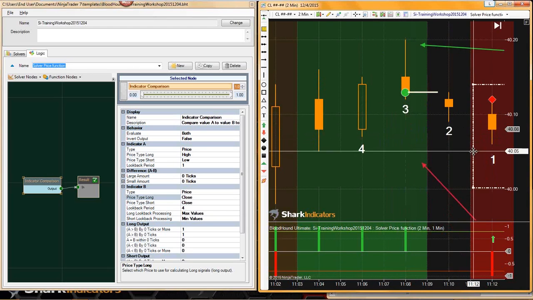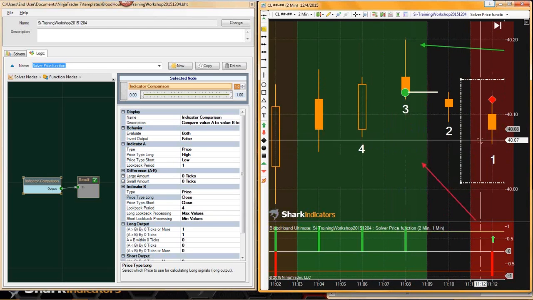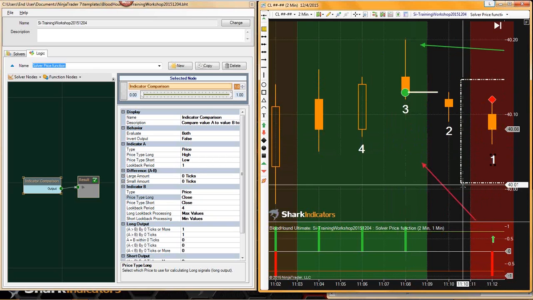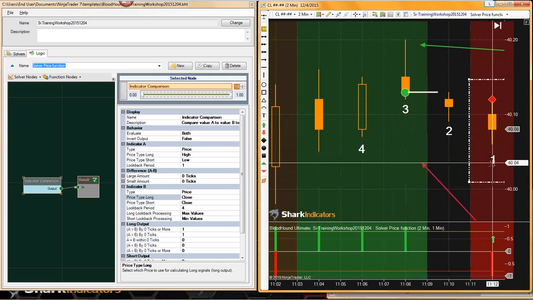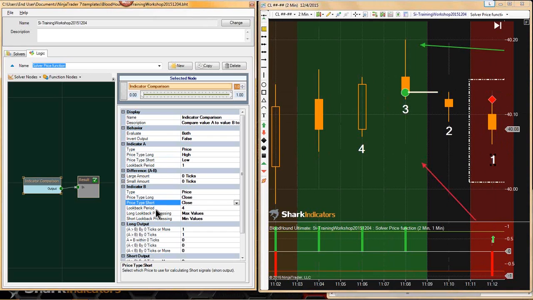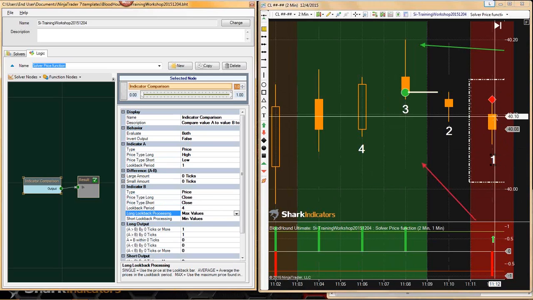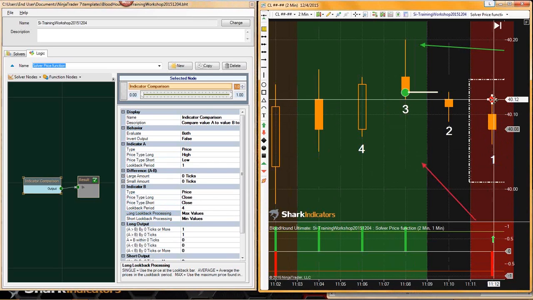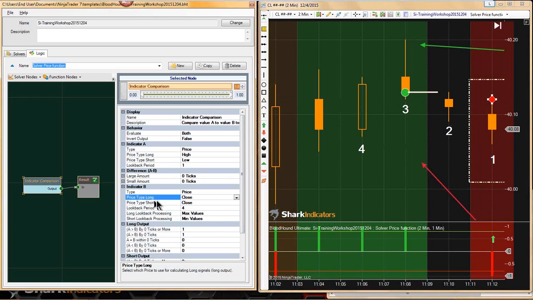If this was the current bar, and we look at all the calculations that were being looked at here, if this is bar 1, here's our high price for bar number 1, and down here we need to find the maximum value of the closing price looking back at the last 4 bars.